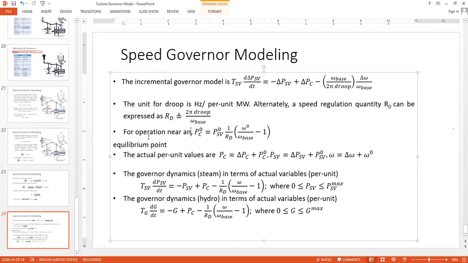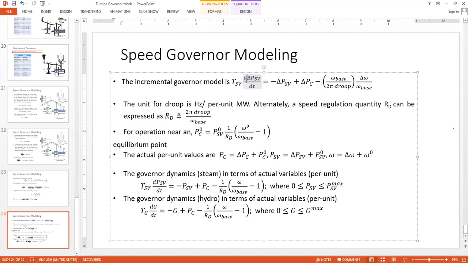So for operation near an equilibrium point, we have PC naught equal to PSV naught plus 1 upon RD times omega naught by omega base minus 1. How is this coming? For an equilibrium point, you simply take this part equal to 0, because for a steady state operation there is no dynamics, there is no d by dt.